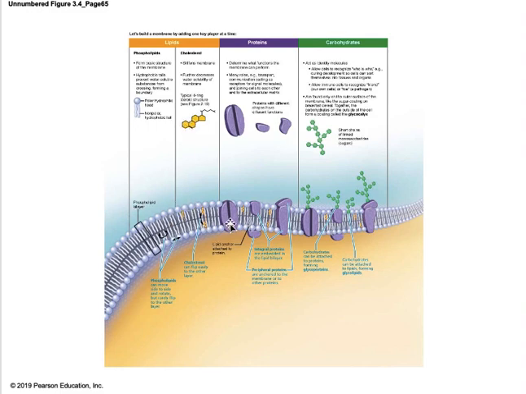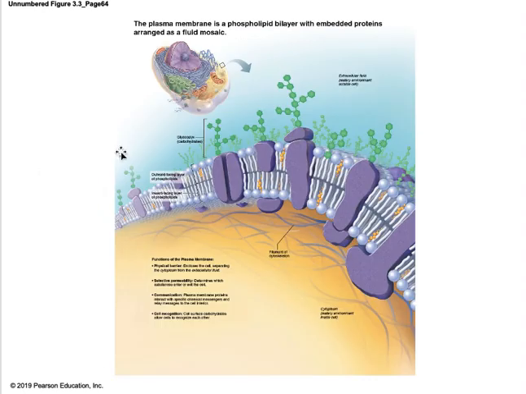And oh gosh, I really want you to be able to recognize these proteins. They tend to be portrayed in purple in this textbook. They're often embedded in membranes, as you see here. Many of them go all the way from one side to the other. And just so you know, the outside of the cell, the extracellular fluid, is always portrayed above.